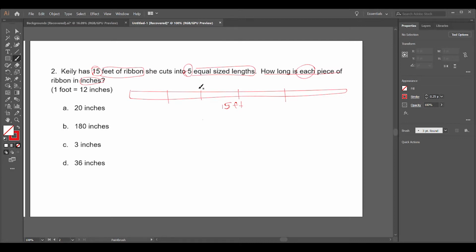So you have to think, what operation is this? Is this multiplication? Is it addition? Is it subtraction? Or is it going to be a case of division? Now, I'm not making more than 15 feet, so it can't be multiplication.